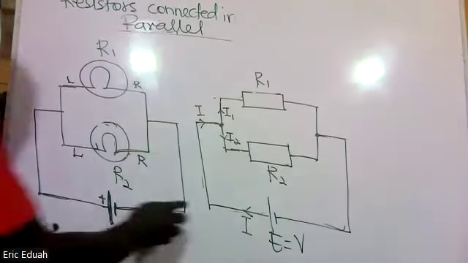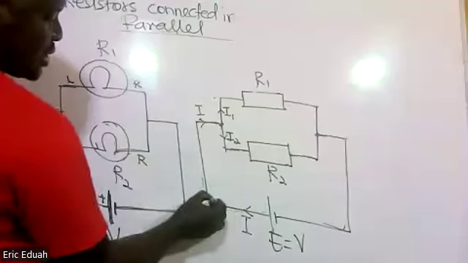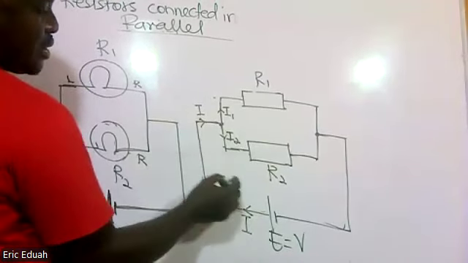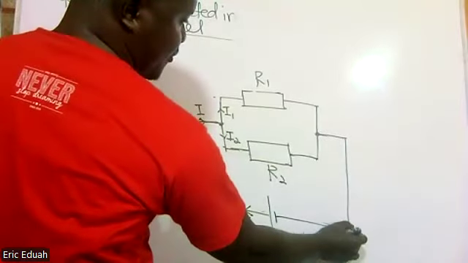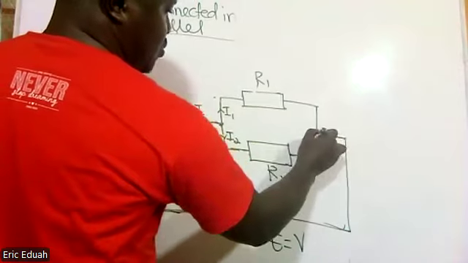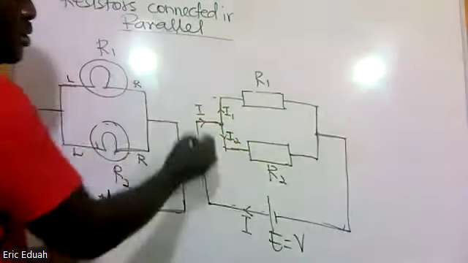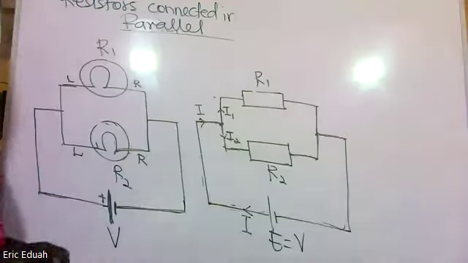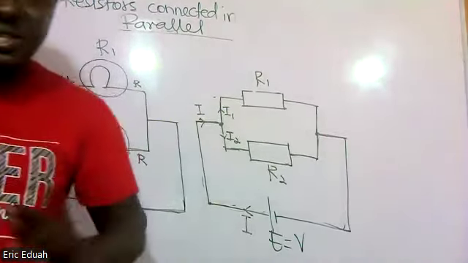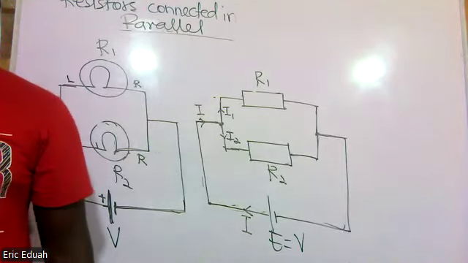This point doesn't qualify for a junction because we have two wires. This point also doesn't qualify. But when we get here, we have 1, 2, 3. So the current flowing through the resistors varies because there is a junction. That's all.